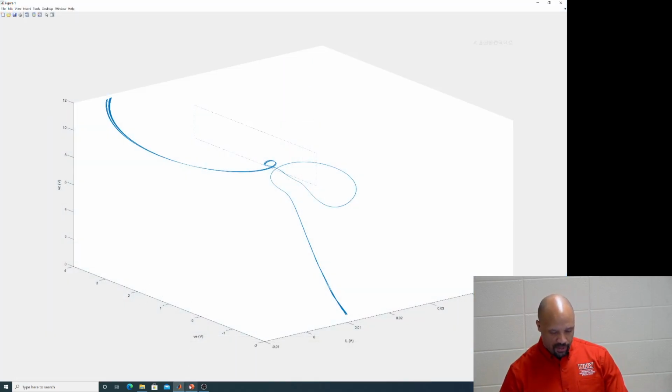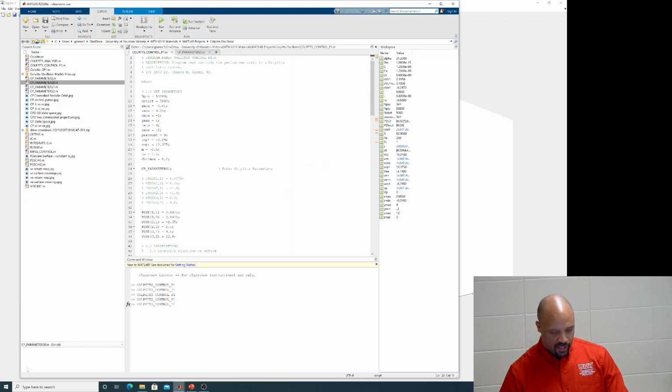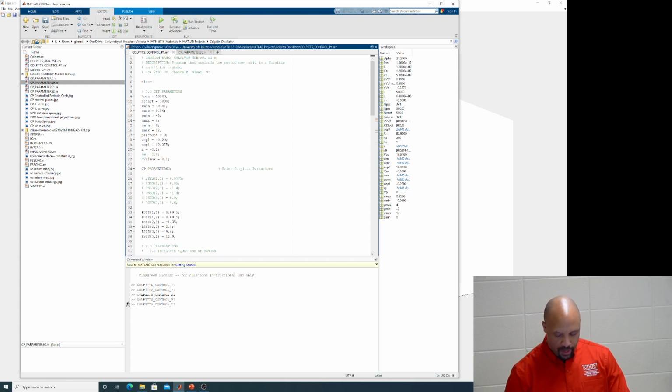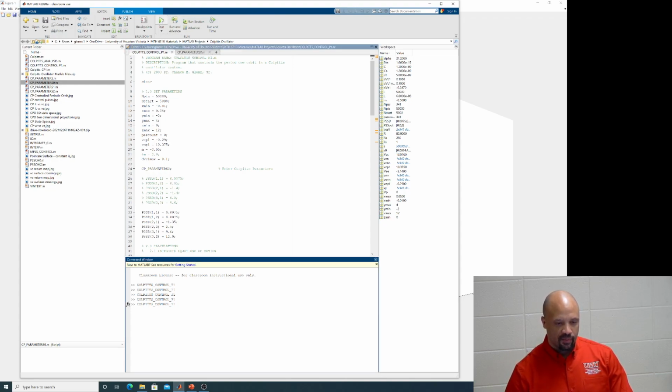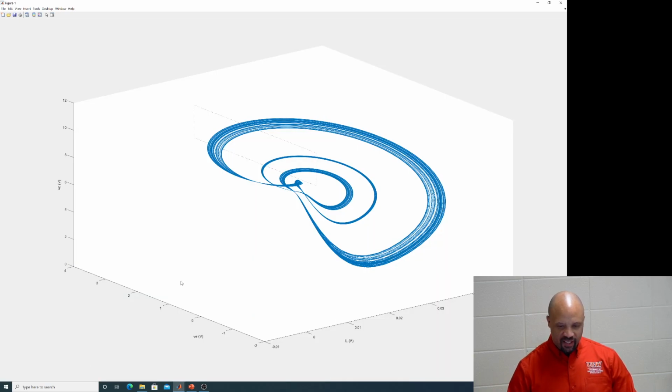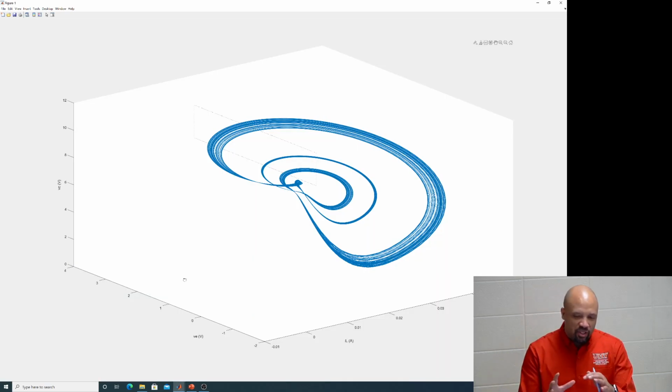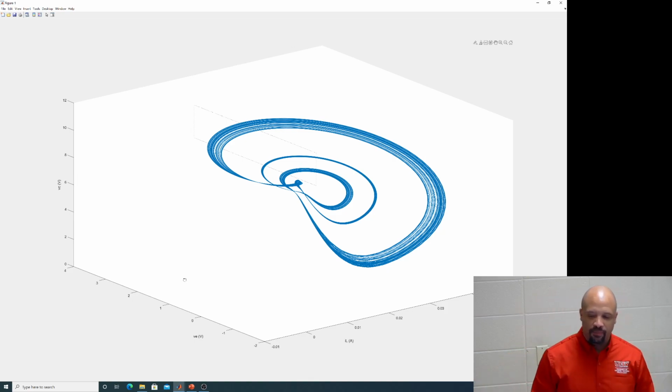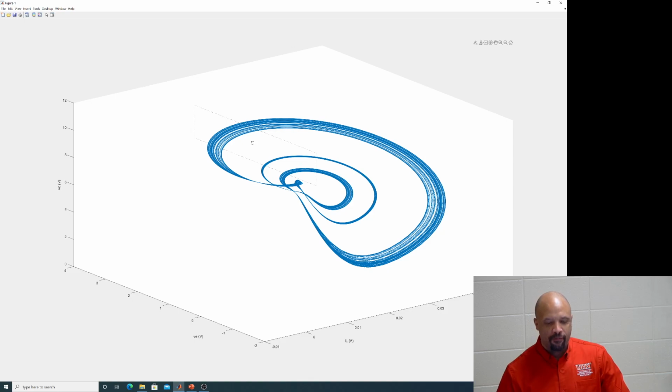So that's another thing. Let's go back and change it again, and this time I'm going to make it smaller. It was 0.1, but now I'm going to make it 0.05. See if we can still keep it where we need it to be. Okay, now this is interesting because you see it's a periodic orbit, but it's trying to become more chaotic because we don't have very firm control on it.